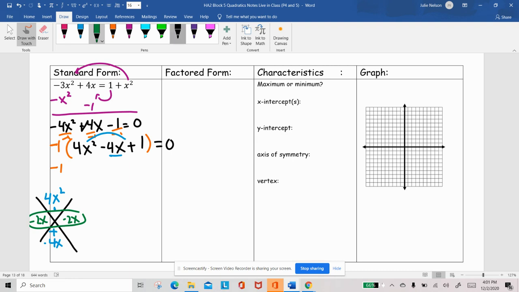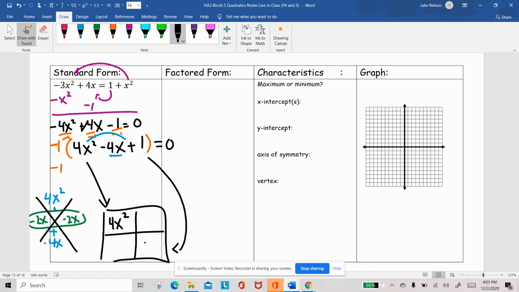So if I were to do the box method, I would put the first term in the first box, which is 4x squared. The last term in the last box, which is 1. And then the negative 2x and the negative 2x in the middle boxes.